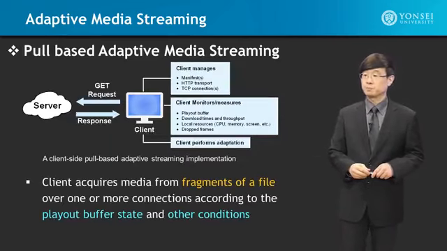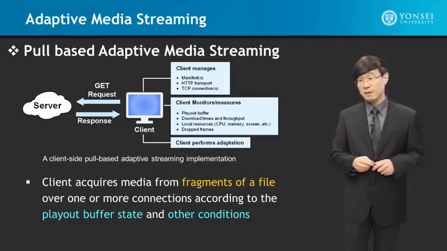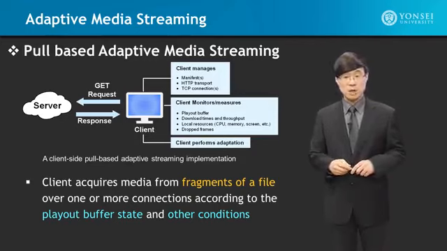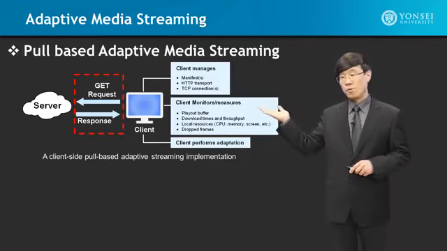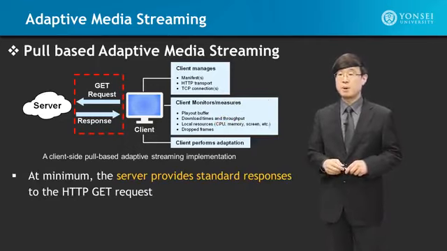And here we go. A client acquires media from fragments of a file over one or more connections according to the playout buffer state and other conditions, which include the network status as well. Over there, the GET request and the response part is a key component.